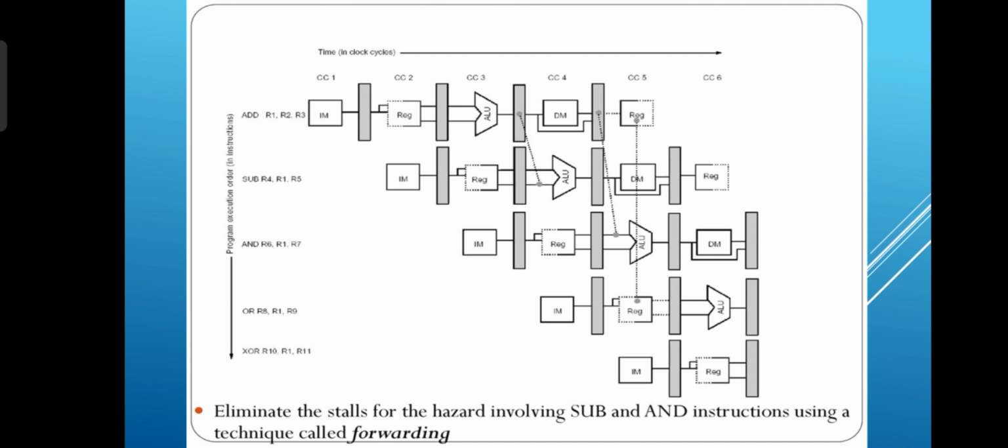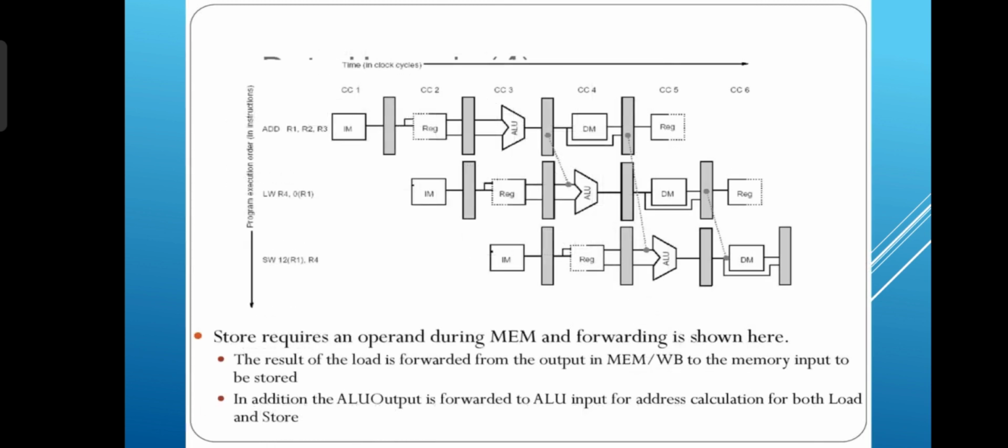Eliminate the stalls from the hazard involving the subtraction and other instructions using a technique called forwarding. In the third diagram, the x-axis shows the time in clock cycles and the y-axis the program execution order of instructions. Here the instructions performed are add R1, R2, R3; load R4, 0(R1); SW 12(R1), R4.